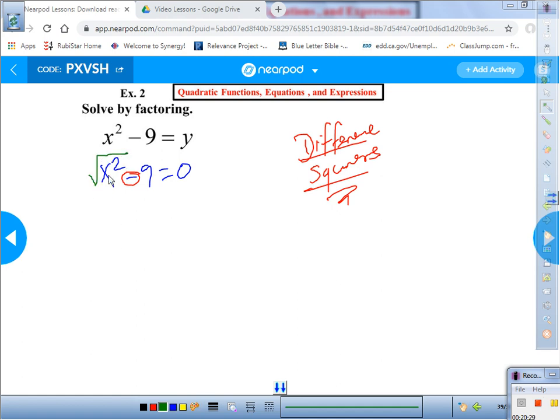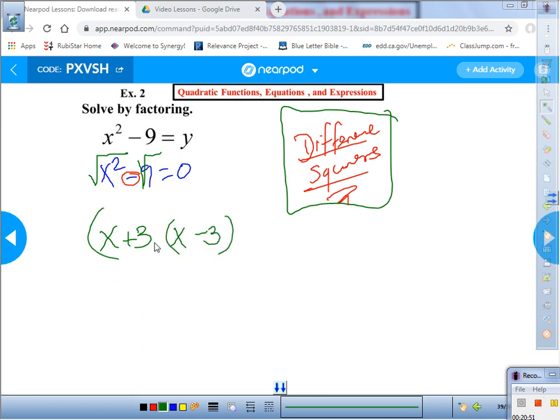Can we take the square root of that? Yes. Can we take the square root of this one? Yes. If we can take the square root of both, that means it is a difference of squares. Therefore, what happens when we do square root of 9? We get plus 3 and minus 3. That's why we can actually write our factors already.